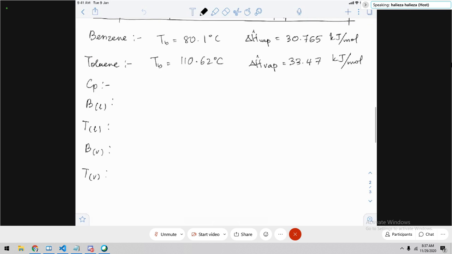I have it over here, this is the equation for liquid. So Cp is equal to 126. I have it written down over here so that I don't have to flick back and forth looking at the appendix. So I just jot it down now. You can check whether I got it right based on the appendix. Okay, that's the Cp of liquid benzene.